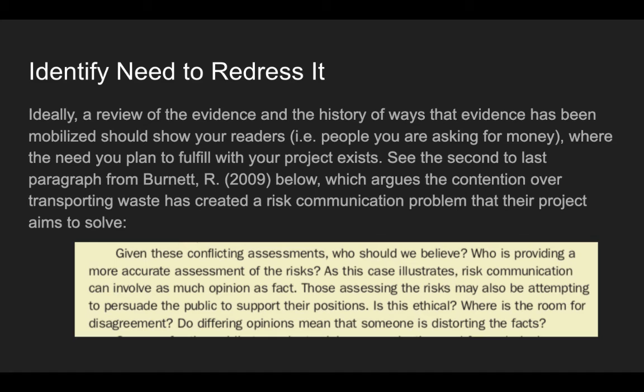Who's providing a more accurate assessment of the risks? In your proposal, you're probably going to want to write declarative and not interrogative questions.